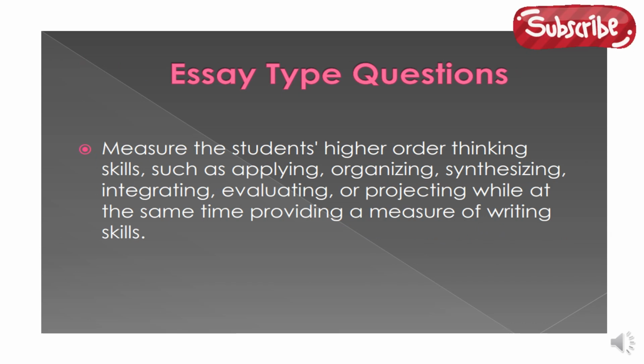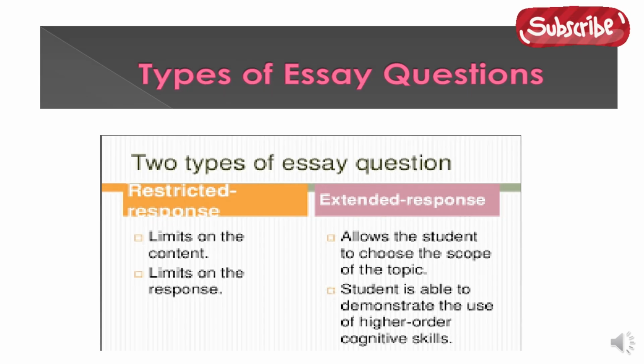Essay type questions measure the students' higher order thinking skills, such as applying, organizing, synthesizing, integrating, evaluating, or projecting, while at the same time providing a measure of writing skills. There are two types of essay question.